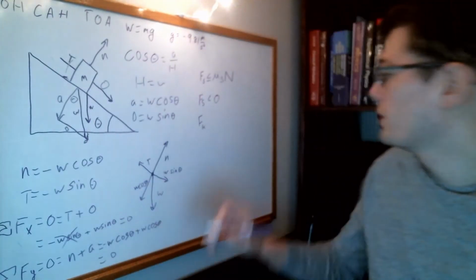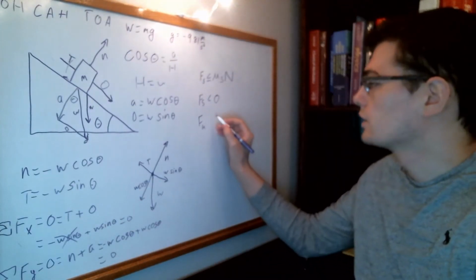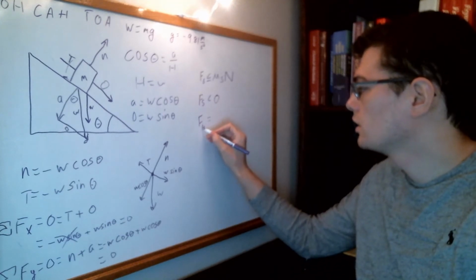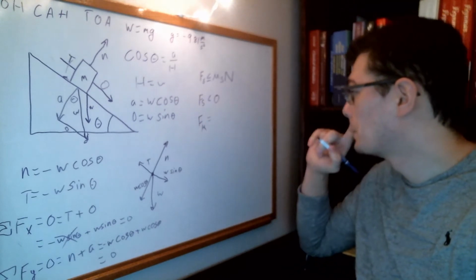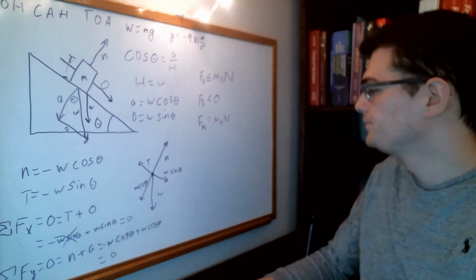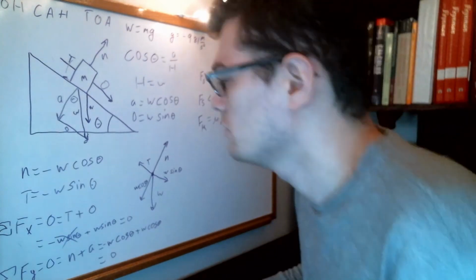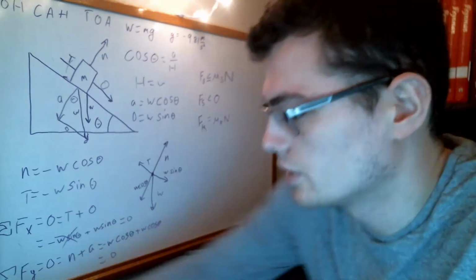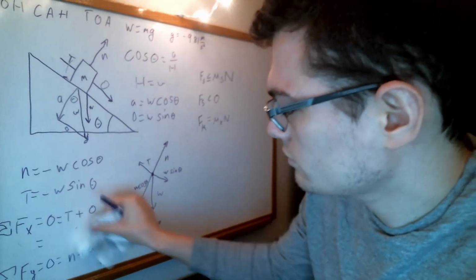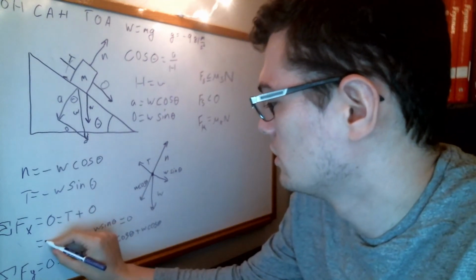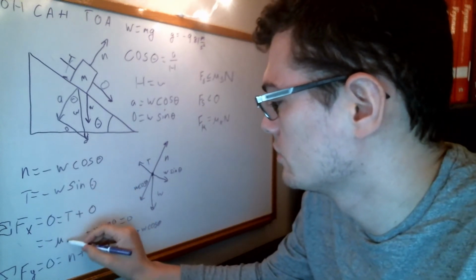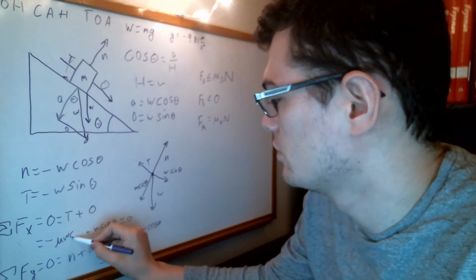Okay, so back to what we were saying, we're going to assume that this block is going to break static friction, and then F_k here is going to be mu_k N. And so now we can adjust F_x to be equal to negative mu_k N, where N is just equal to W cosine theta.